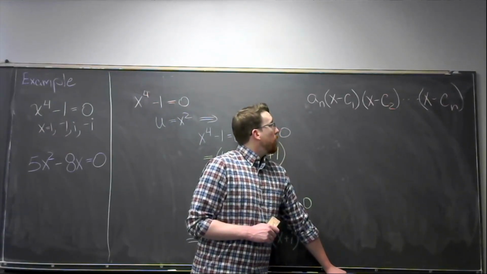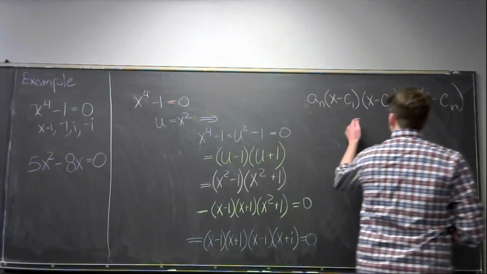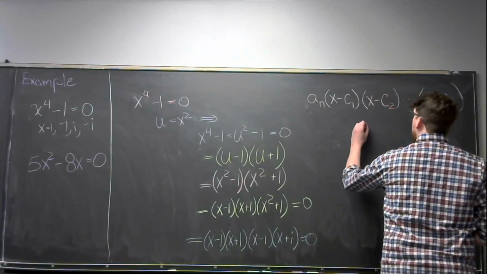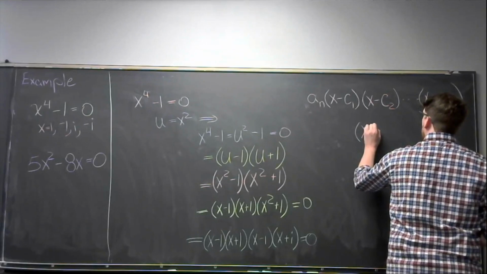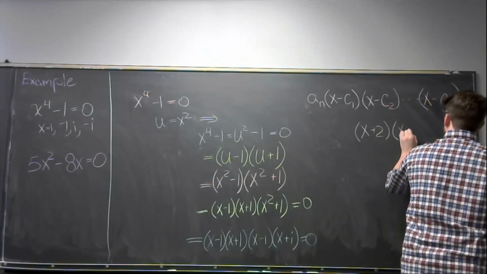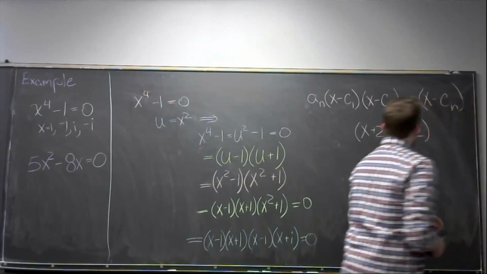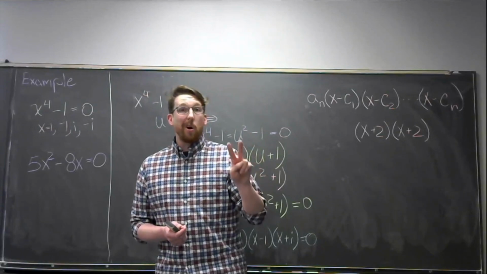Well, then in that case, you would write your polynomial is equal to x plus 2 times x plus 2. So what we're saying here is that you have 2 roots. Both of your roots are equal to -2.